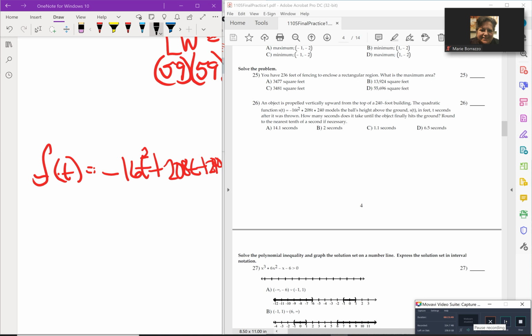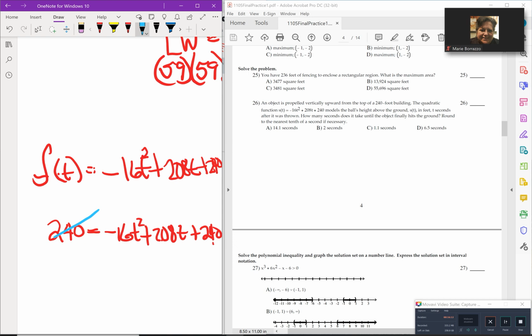All right, ladies and gentlemen, so again, the way we set this up is because you're already at a 240-foot height. This is equal to the negative 16t squared plus the 208t plus the 240. And obviously you can see that the 240s are going to cancel out here and here, leaving you 0 is equal to negative 16t squared plus 208t.